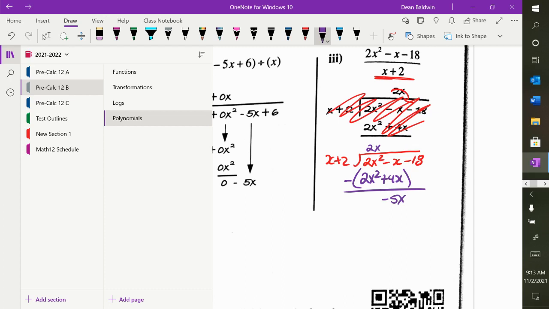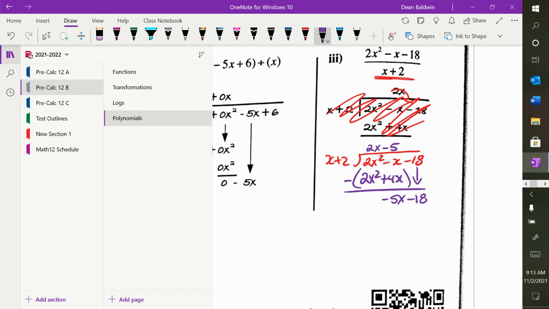Then what do I do? Bring down the negative 18. Then you ask yourself, what do I multiply x by to get negative 5x? Negative 5. So negative 5 goes up here.